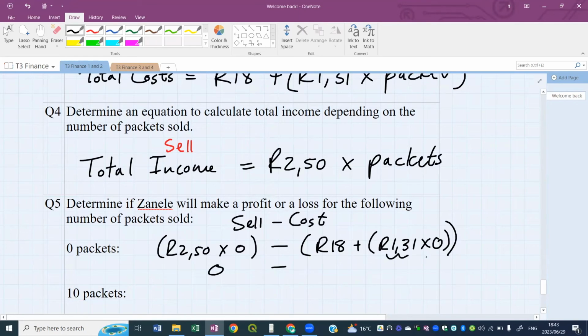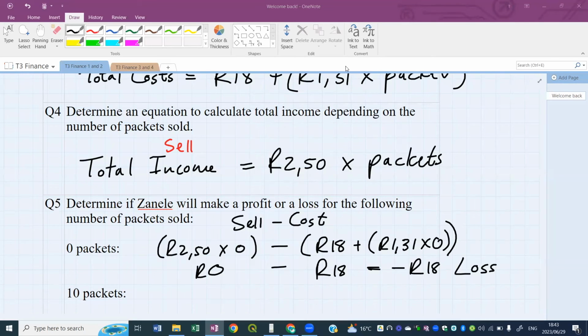What is 131 times 0? 0. So all we have left is minus 18 Rand. 0 Rand minus 18 Rand equals negative 18 Rand. She's definitely making a loss. Okay, excellent, Katlejo. Well done.